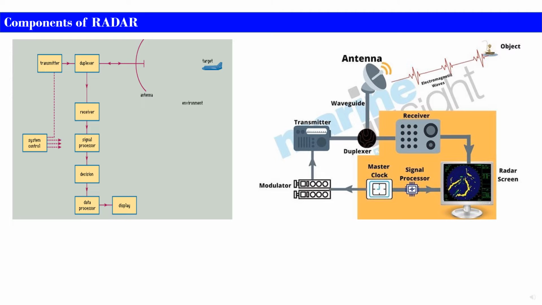And similarly, the complete closed loop system is shown on the right hand side, where the object, antenna, waveguide, transmitter, duplexer, modulator, master clock, signal processor, receiver and radar screen are shown, where the visualized output will be seen. We will move ahead with the details of each component.